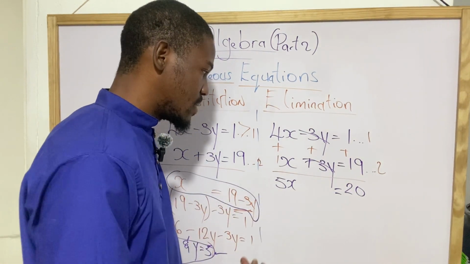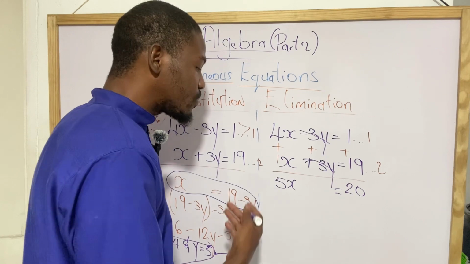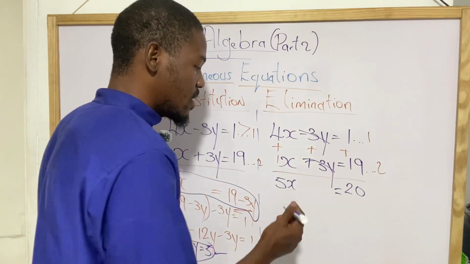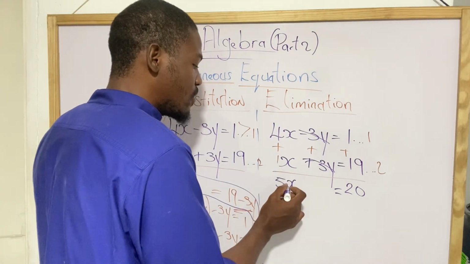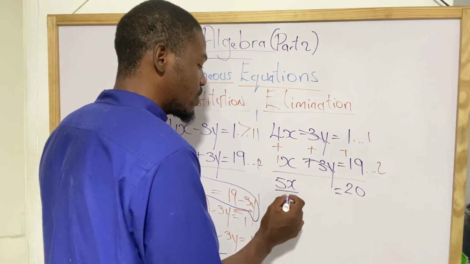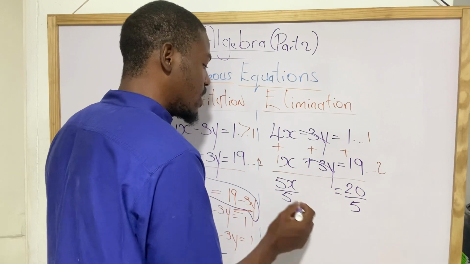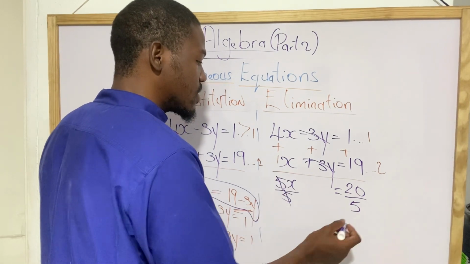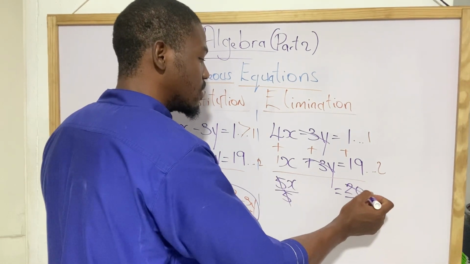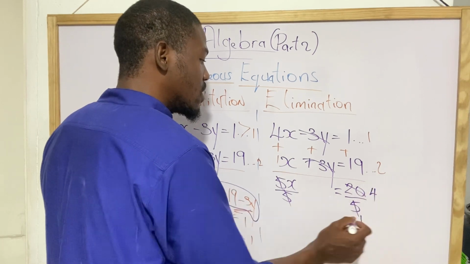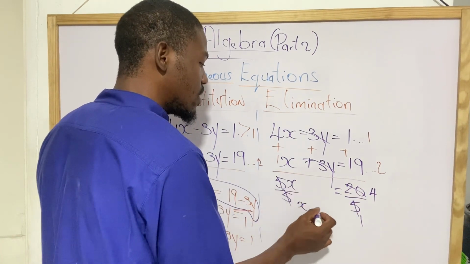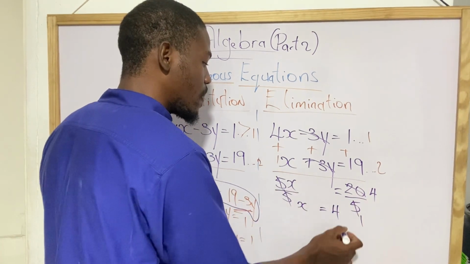All right, so 5x equals 20. Now in solving for x, we're going to remove the 5. We are multiplying 5 and x, so we need to remove it by division. And if we divide it there, we also have to divide it there. So the 5s are now being cancelled out. 5 into 20 is 4. So I'm left with x equals 4.